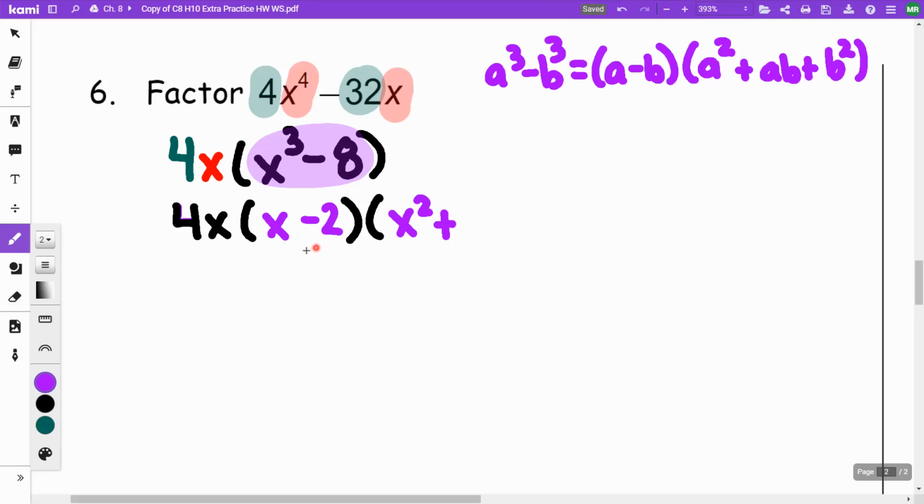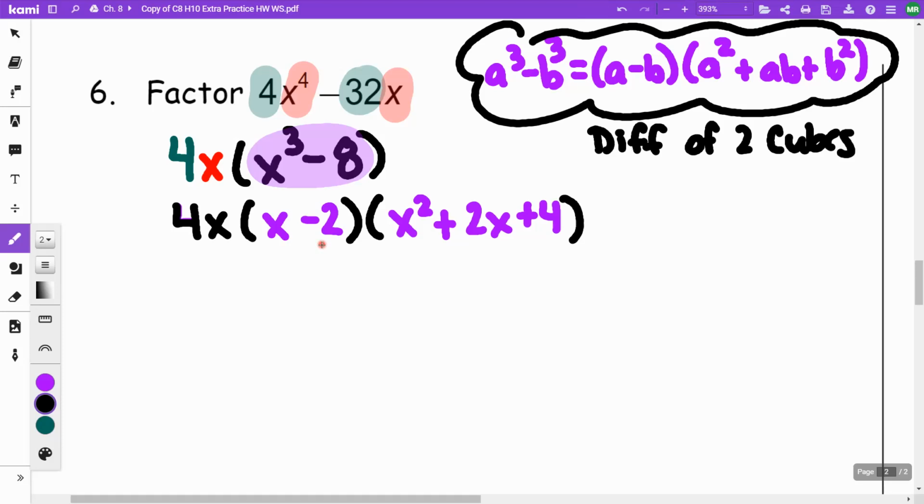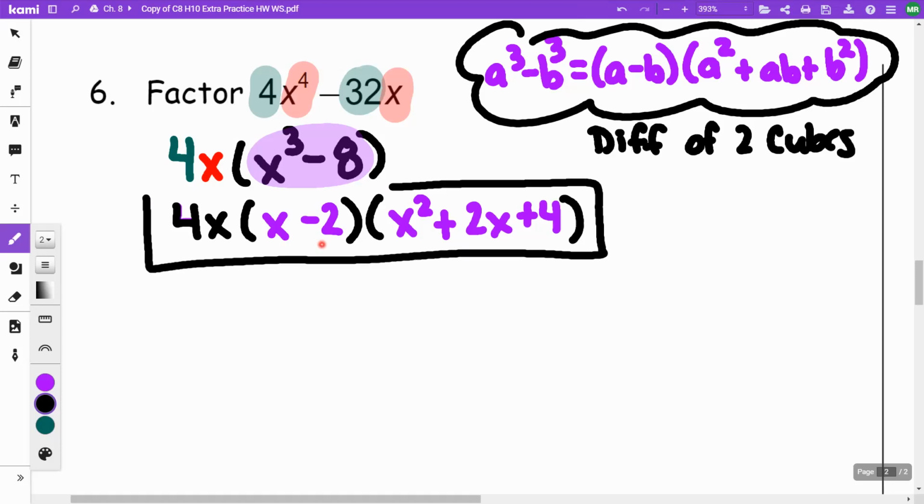Multiply together 2x and square 4. And again, I am just using the formula that was right up here, okay? And this is called difference of two cubes. And that is going to give us our final answer. They did not say that they had to be linear factors, so we're fine like this.